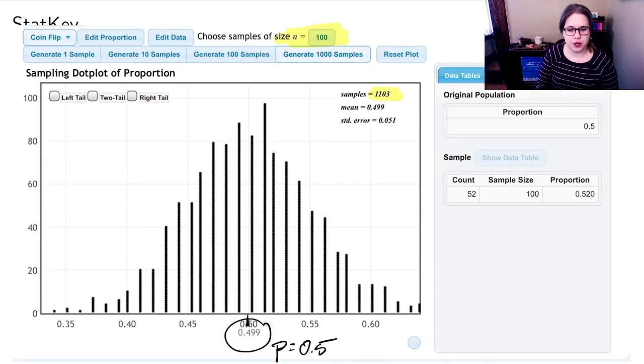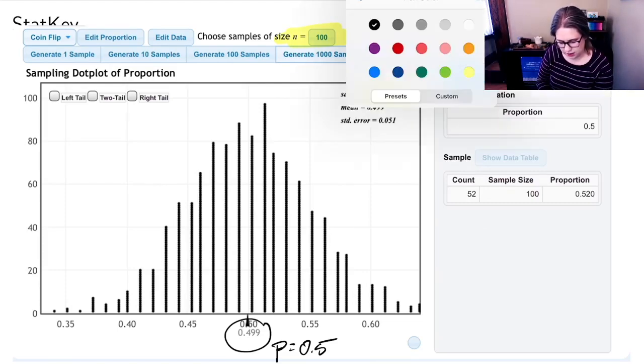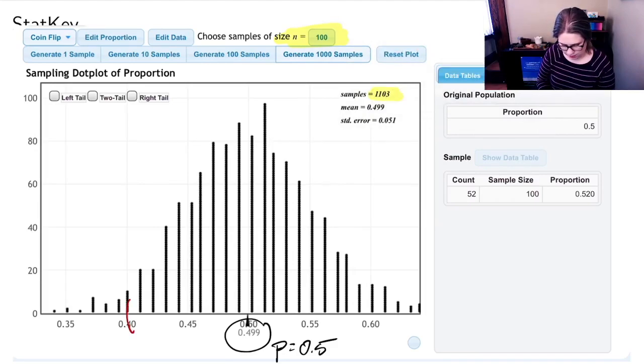If I wanted to know what some other reasonable values I could have observed were, I could look at this distribution, and I could use the 95% rule and just eyeball it and say, it looks to me like 95% of the data is maybe between 0.4 and 0.6. That means that this distance is about 0.1.